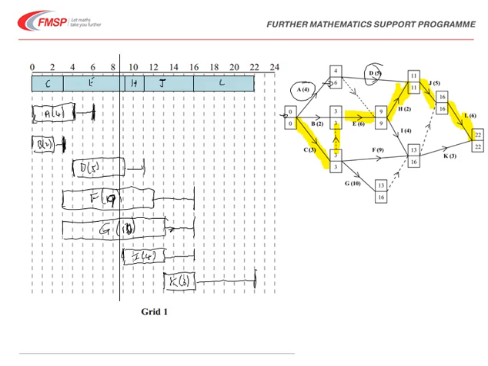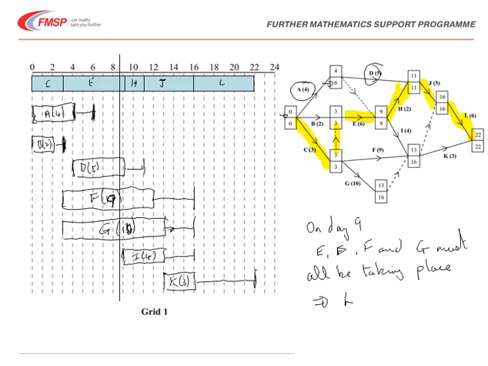We've got to justify our reasons, so we can say that on day 9, D, E, F and G must all be taking place. Now this is the largest number, so therefore 4 workers are needed as a minimum.